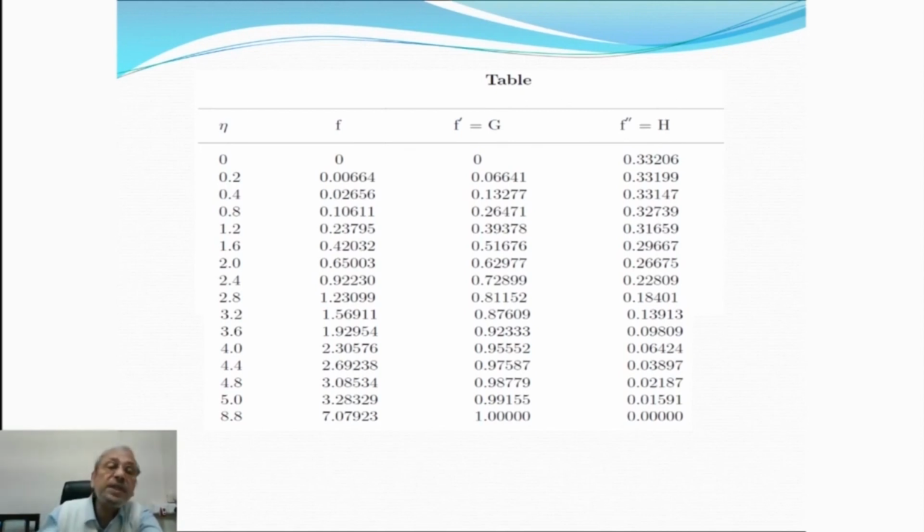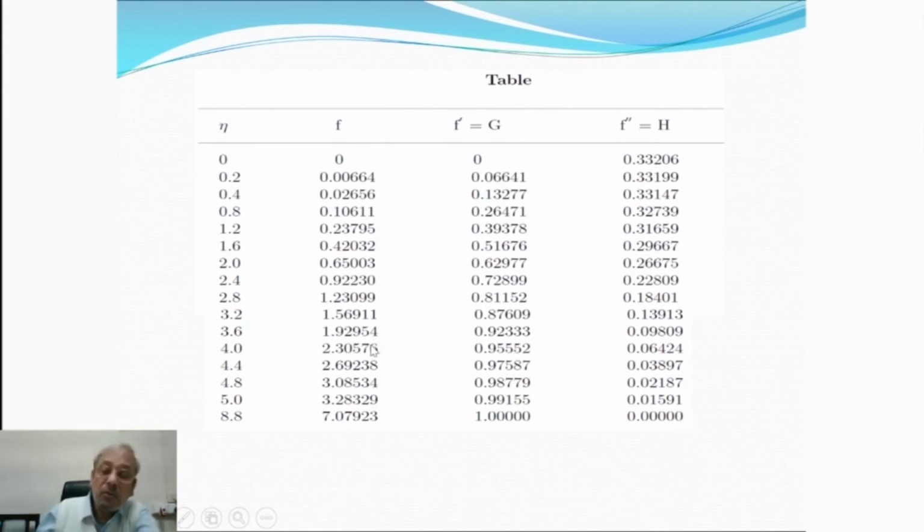So you can see eta, we started with 0 and small increments. The increments are even smaller, actually 0.01, but we cannot give such a huge table. We have just given some intermediate values to show how f varies, how f prime, that is G, varies, and how f double prime, that is H, varies.